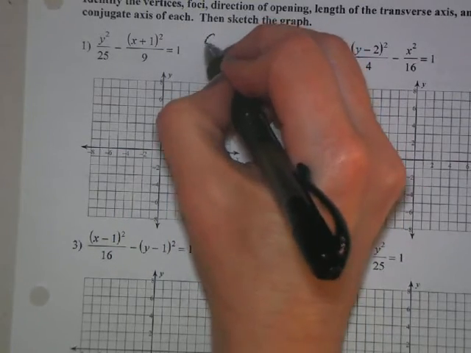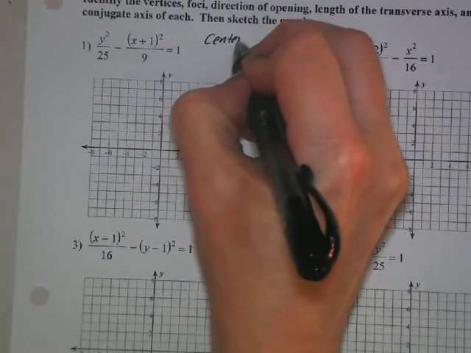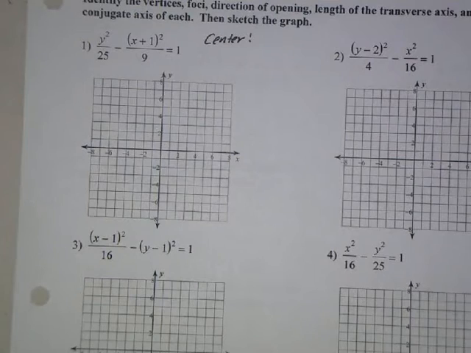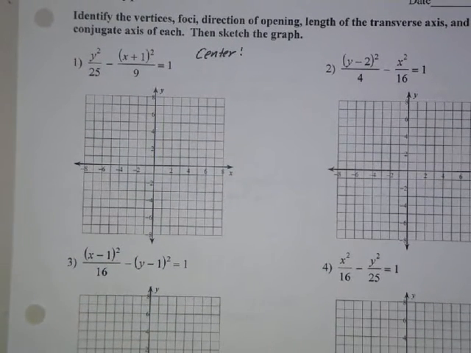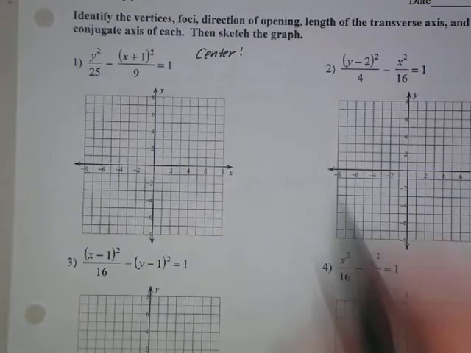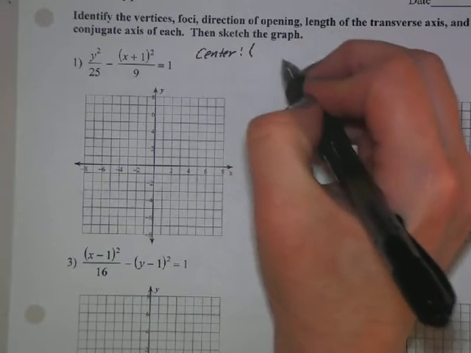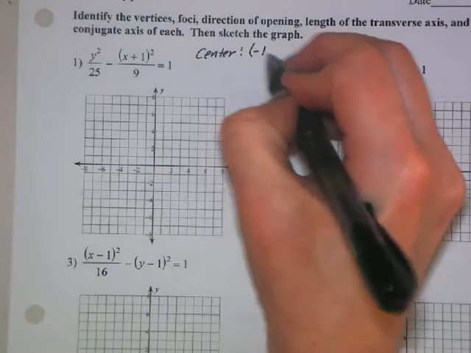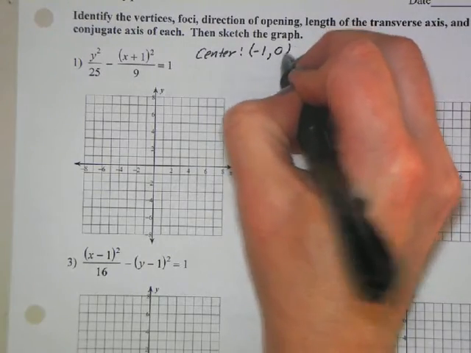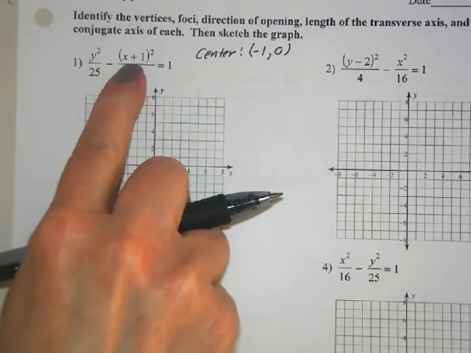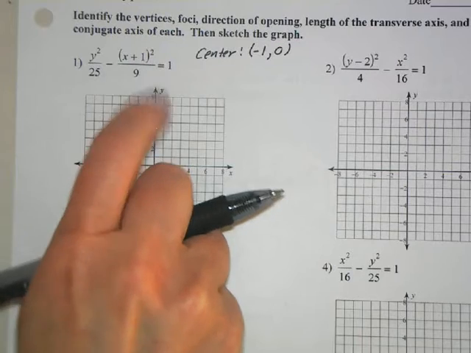So where would the center of this hyperbola be? -1, comma 0. Don't forget, you still do the same thing where you switch the sign.